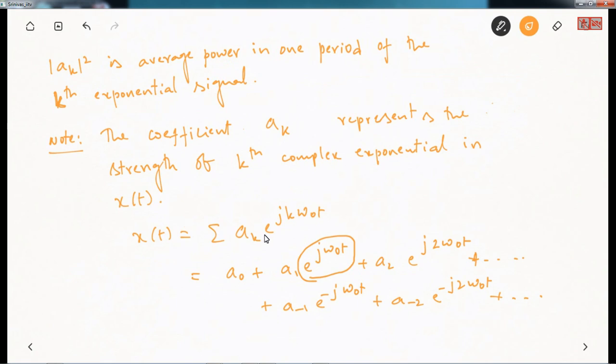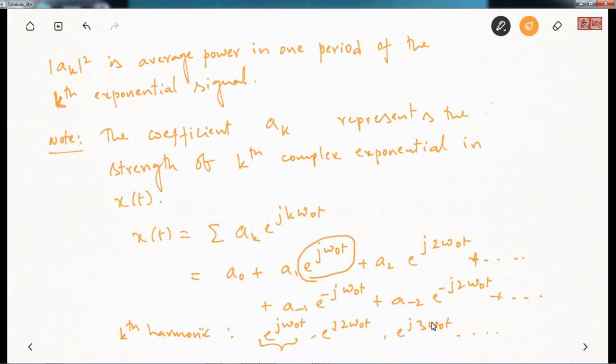This kth complex exponential is also called the kth harmonic. Why do we call it harmonic? Because the exponentials are e power j omega naught t, e power j2 omega naught t, e power j3 omega naught t, and so on. So they are all harmonics of the fundamental frequency omega naught. This is considered the fundamental exponential signal, this is the second harmonic of this, this is the third harmonic of this, and so on.